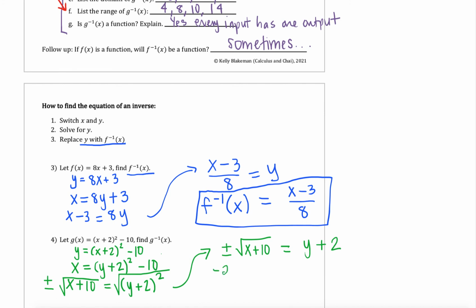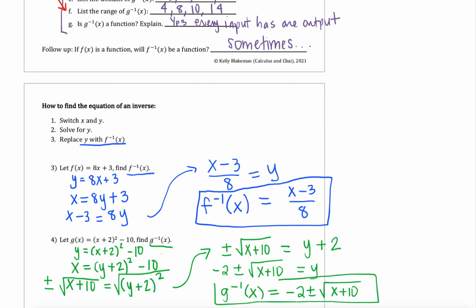So we'll get negative 2 plus or minus the square root of x plus 10 equals our y value. So we've now solved for y, but because we were asked to find g inverse of x, we need to replace that, and our final answer would read g inverse of x equals negative 2 plus or minus the square root of x plus 10. And that right there would be our final answer.